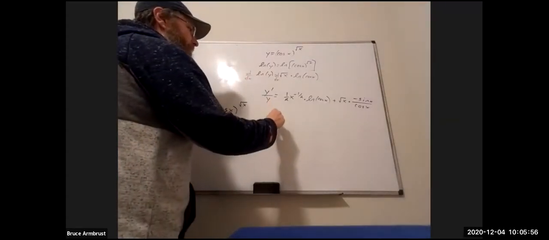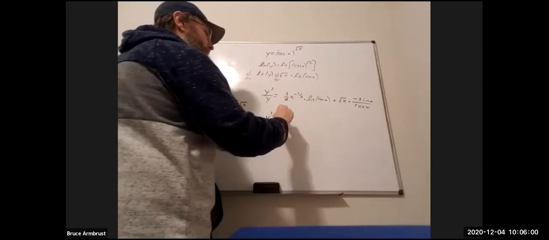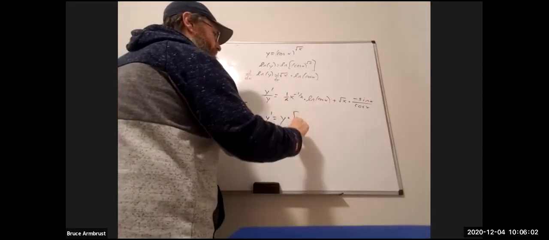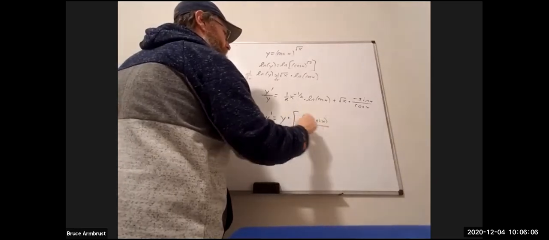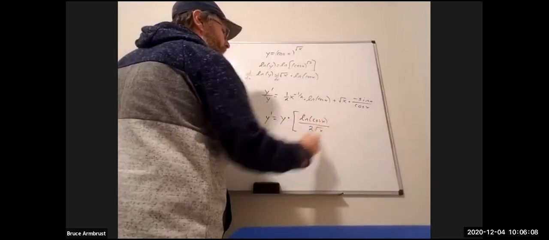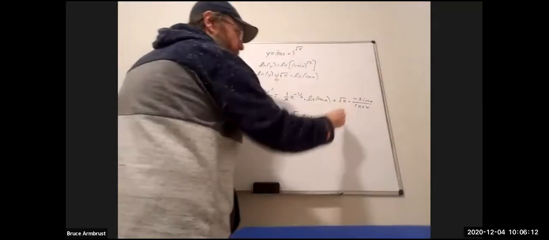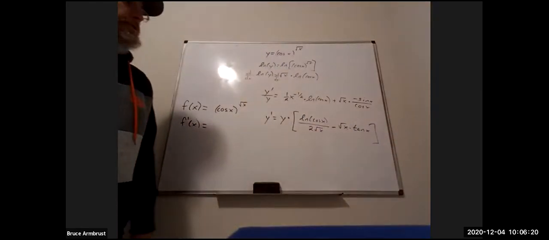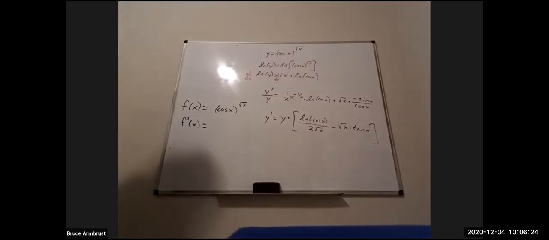So to solve for y prime, we have to multiply both sides by y. So we get y times natural log of the cosine of x over 2 root x. I just don't like the negative exponent. And then over here, we get minus root x times tangent of x. Again, I just feel like making sine over cosine a tangent.